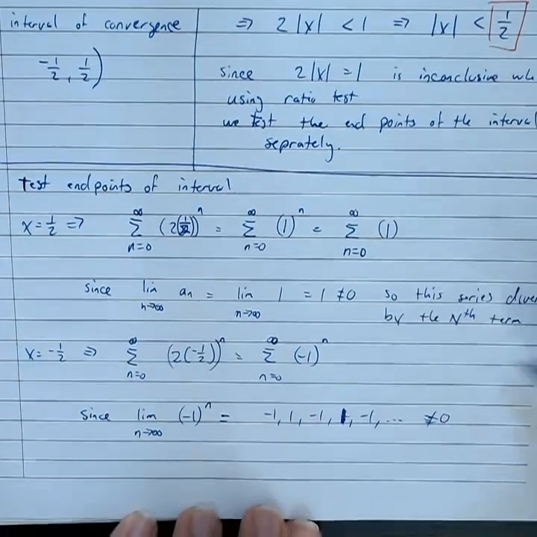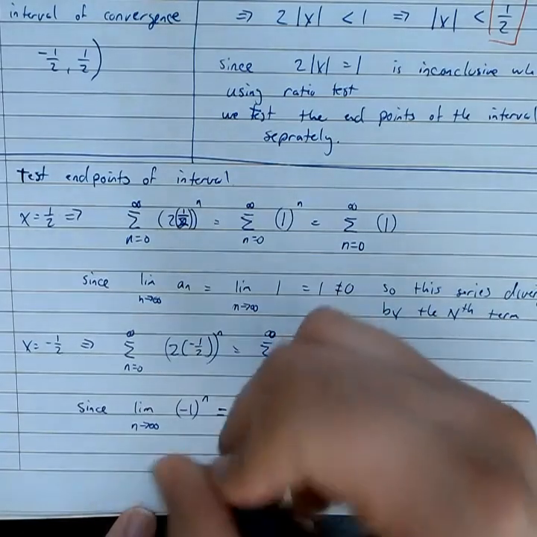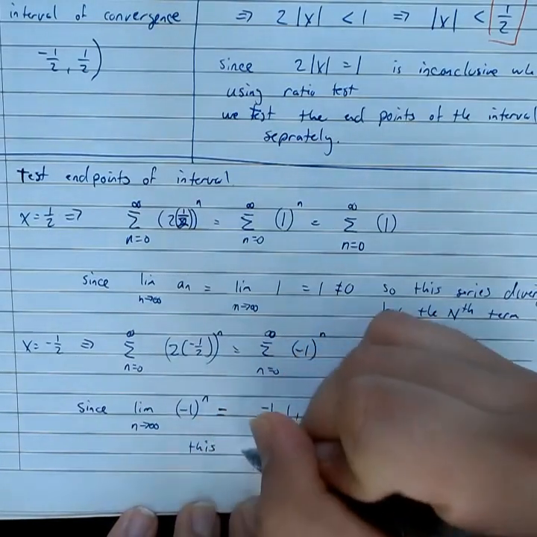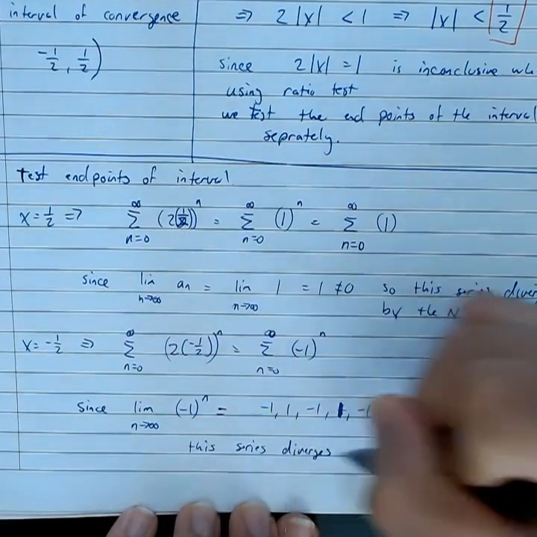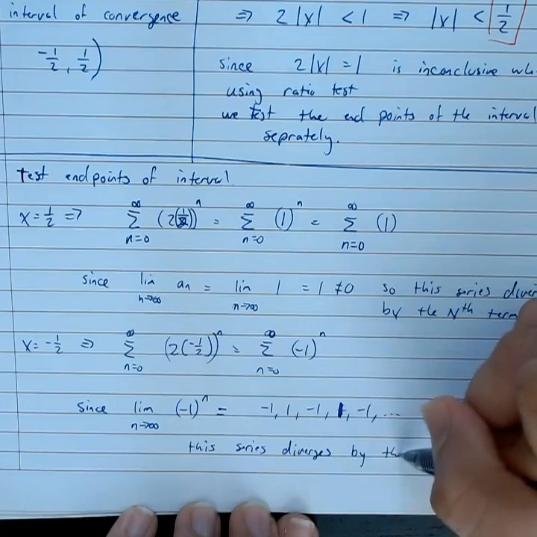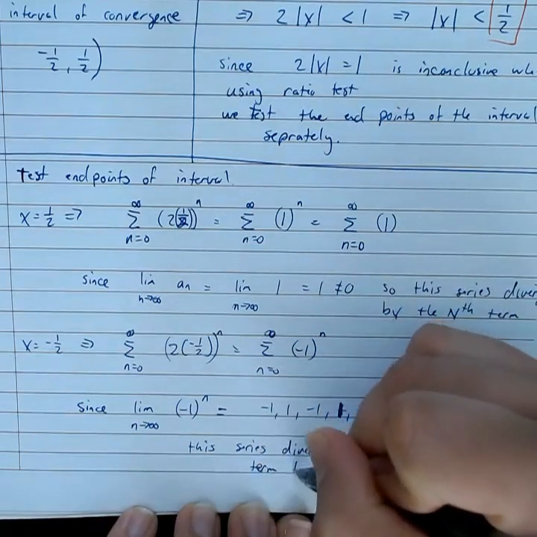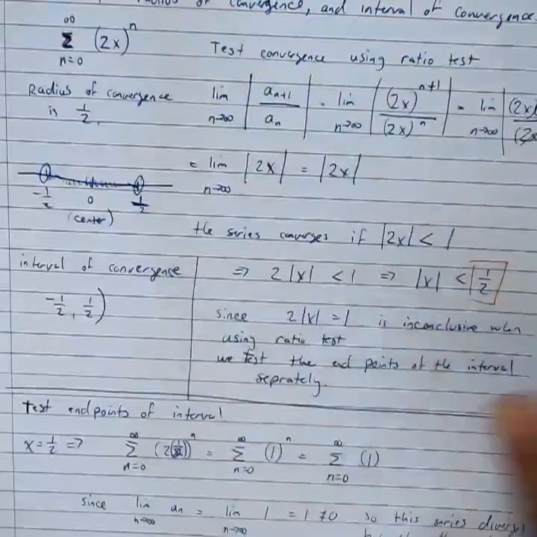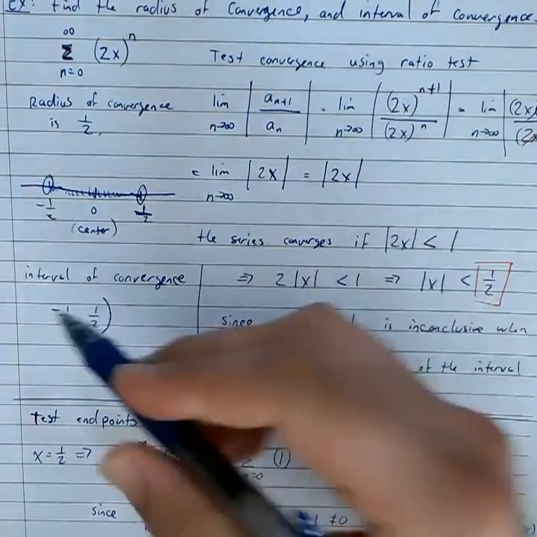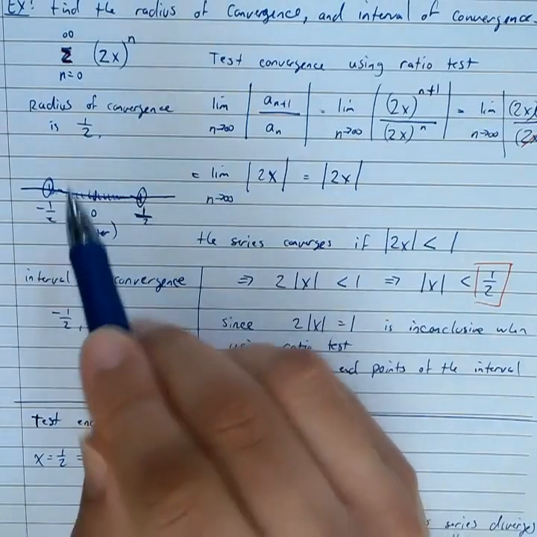So again, for the same reason, because the nth term doesn't go to 0, this series diverges by the nth term test. Just like that. So over here, we found our radius of convergence was 1/2, and we found that our interval of convergence, well, from your center, you're going to go 1/2 in either direction.